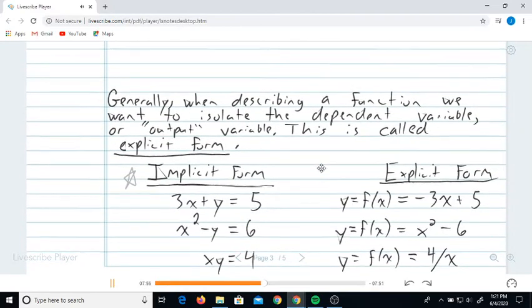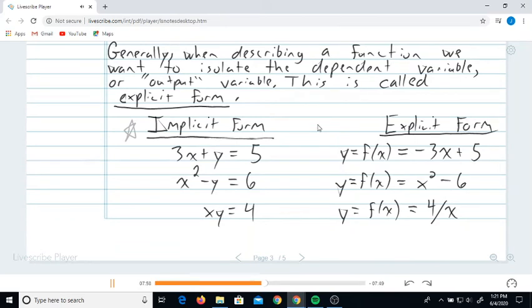Now, generally, when describing a function, we want to isolate the dependent variable, or what we call the output variable. This is called explicit form. So in other words, explicit form is getting y by itself. It's a standard practice to treat x as your independent variable, y as your dependent variable. So explicit form is just getting y by itself.